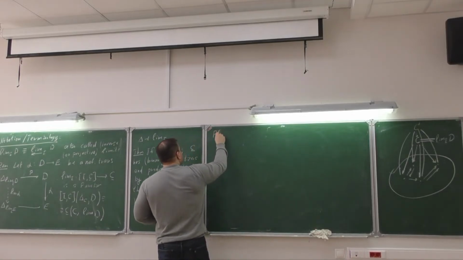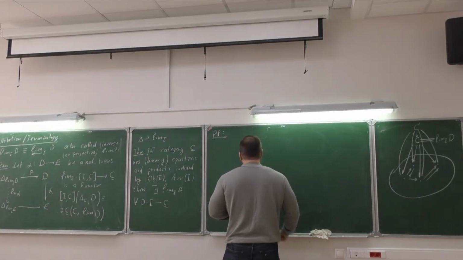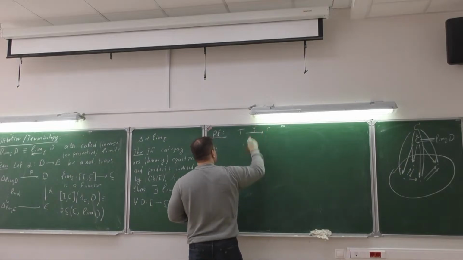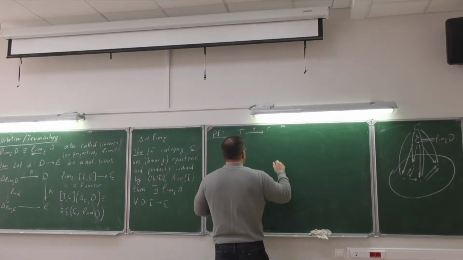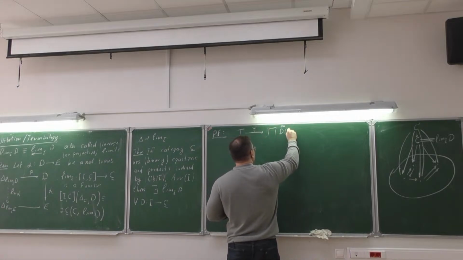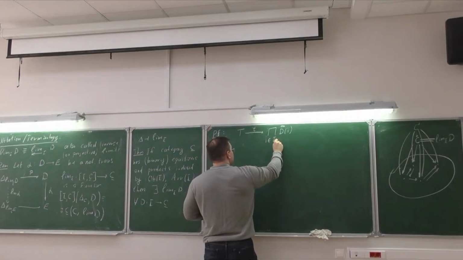Okay. So for the proof, we can look at the following diagram. Suppose I have some object T with a map little t to the diagram where I take a product of all objects d of i, where i is in I0.